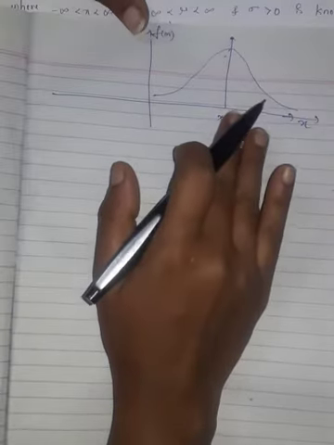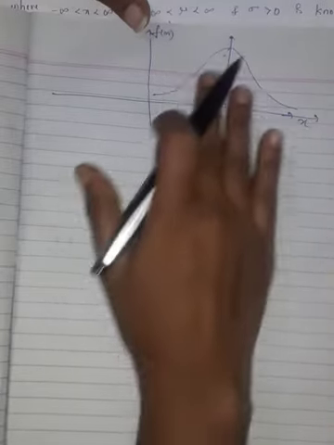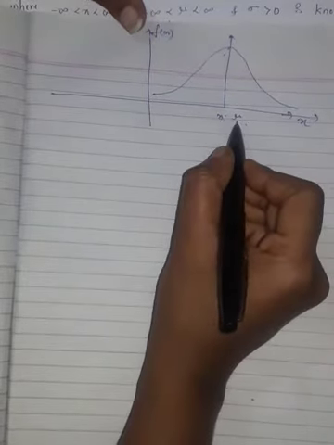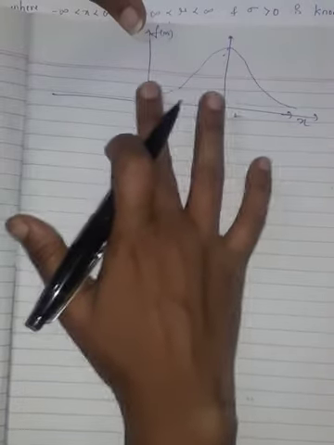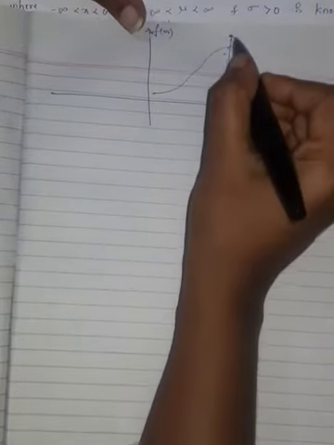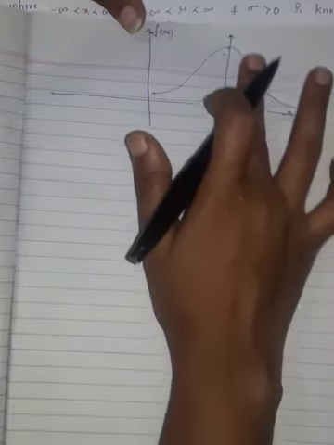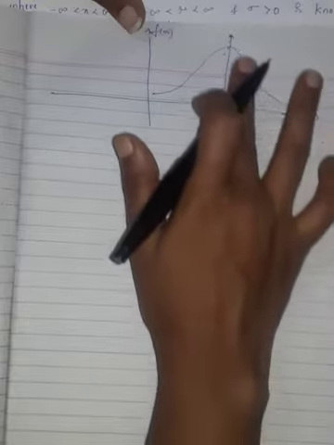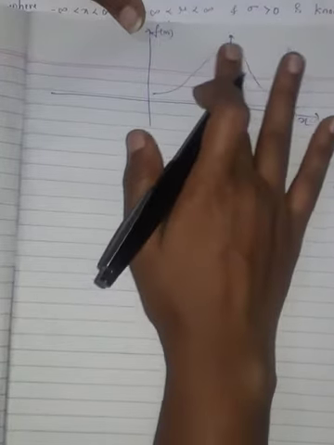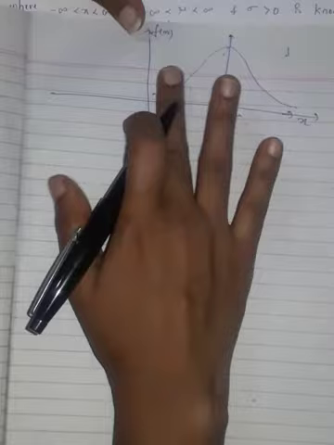The shape of this curve is like this. The line x is equal to mu divides the total area of this curve. The total area under the curve is equal to 1. This line divides the total area under the curve into two equal parts, the right part and the left part.